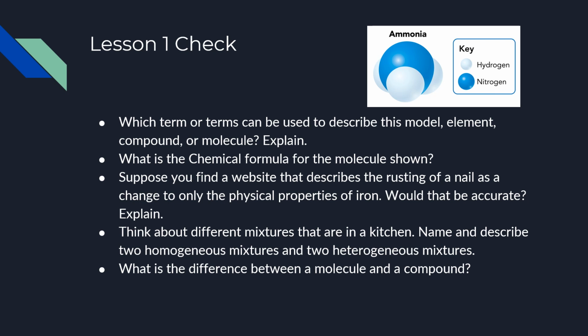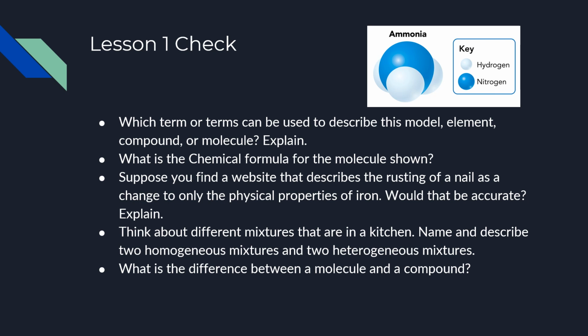Heterogeneous, we have chunky salsa. There are different pieces of vegetables in a red solution. And chocolate chip ice cream. There are pieces of chocolate mixed with an opaque cream. There are lots of different things that you could also use. You guys can think about that, and if you think of something different, come show me and we'll discuss it.